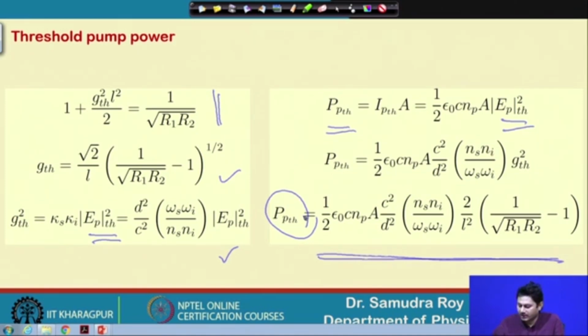So, we will now conclude today's class. Today we studied in detail the optical parametric oscillator and gave an example of how the threshold power can be achieved for a singly resonant oscillator.